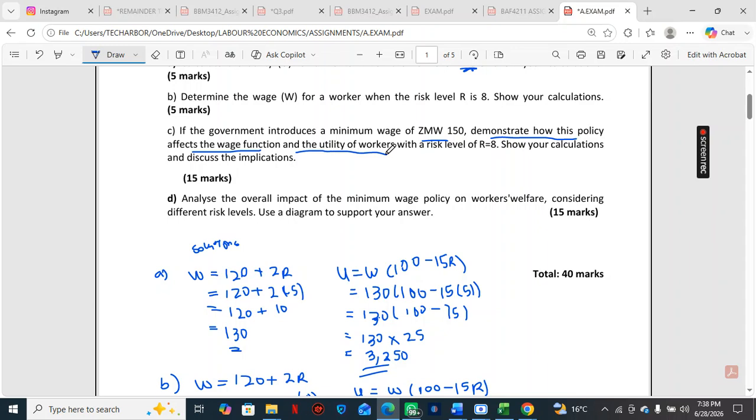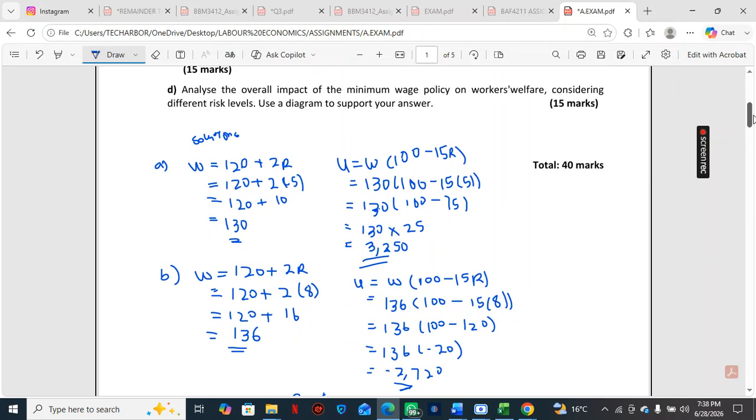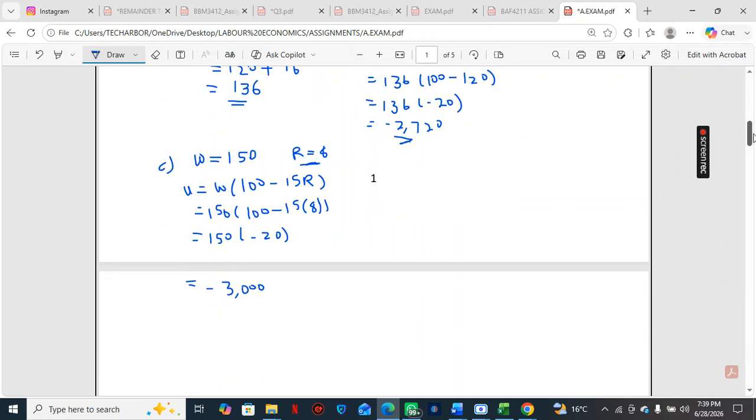Okay. So basically, what we're saying is this: when governments want to introduce these minimum wage policies, they should also find ways of trying to reduce the risks of the jobs, so that they can make the workers happy. Because yes, they made the workers happy on one point, that the minimum wage has increased.